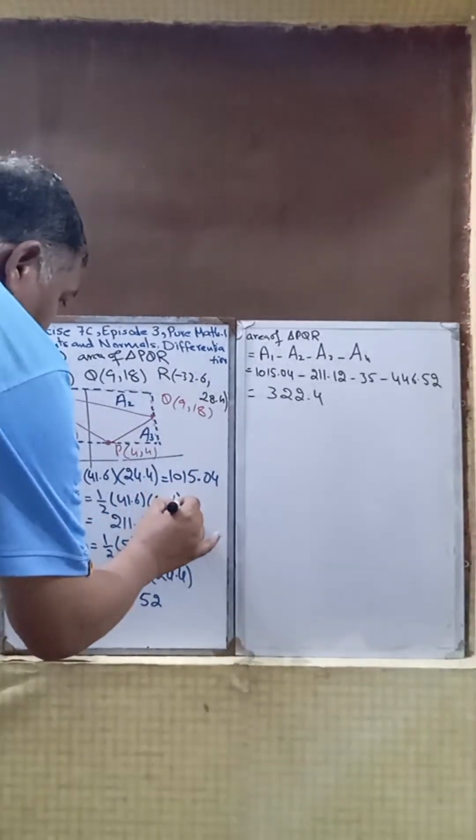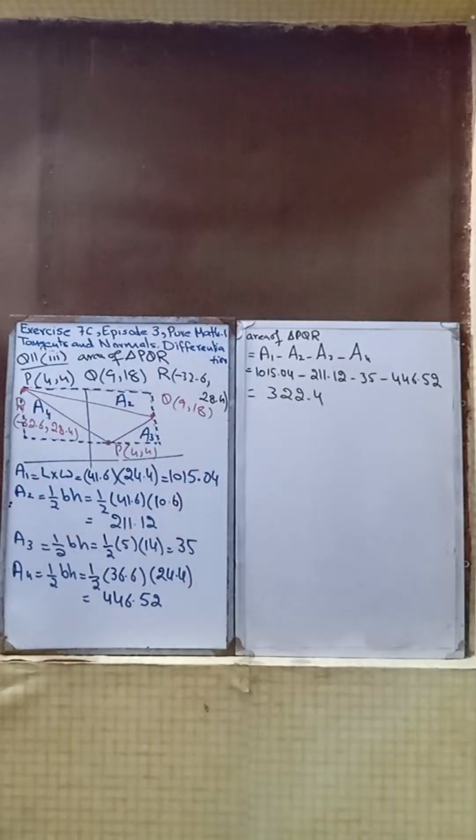So when you multiply 1 divided by 2 multiply 41.6 multiply 10.4, that will give you 216.32.